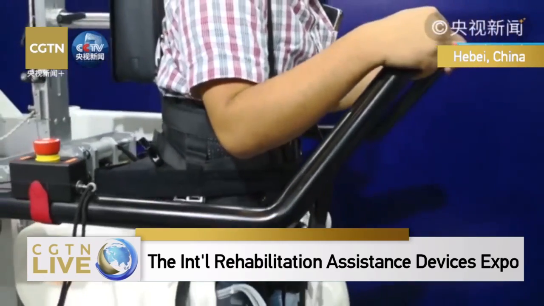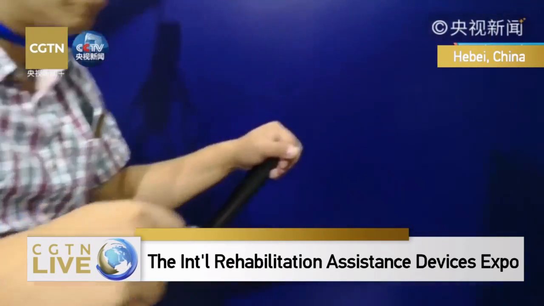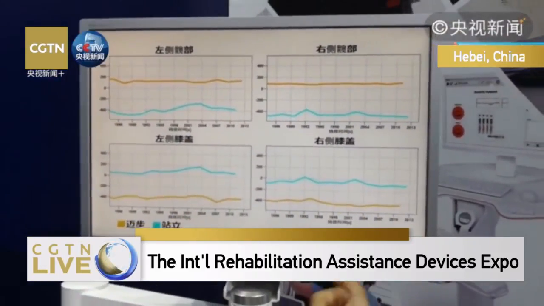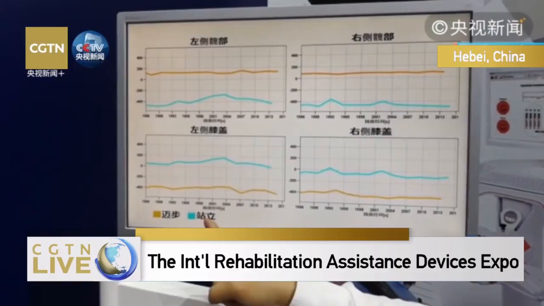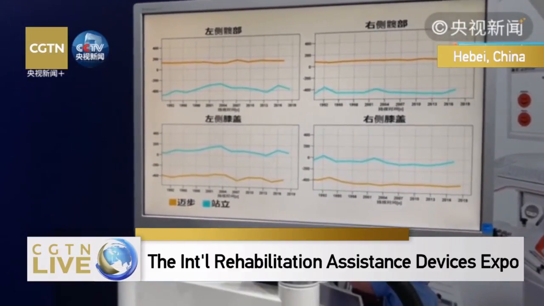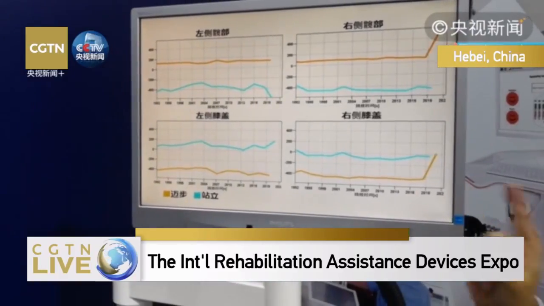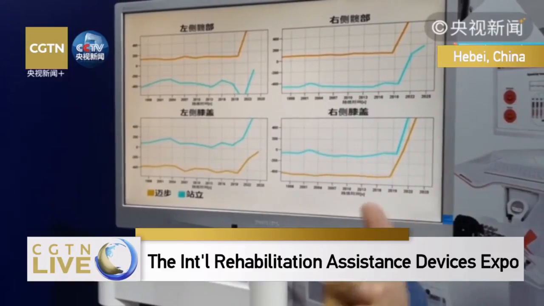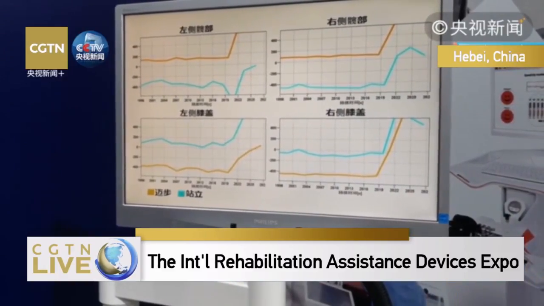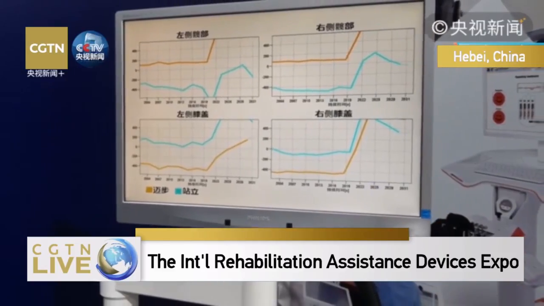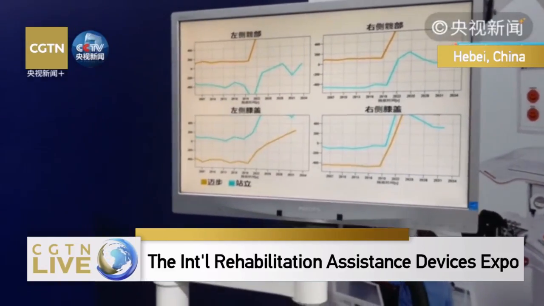So what are these statistics for? During my walk, I can check my situation in a timely fashion. The blue line stands for the participation percentage when the person is standing. When you are making effort, there will be timely feedback here on the screen, as you can see this very sharp inclination here.